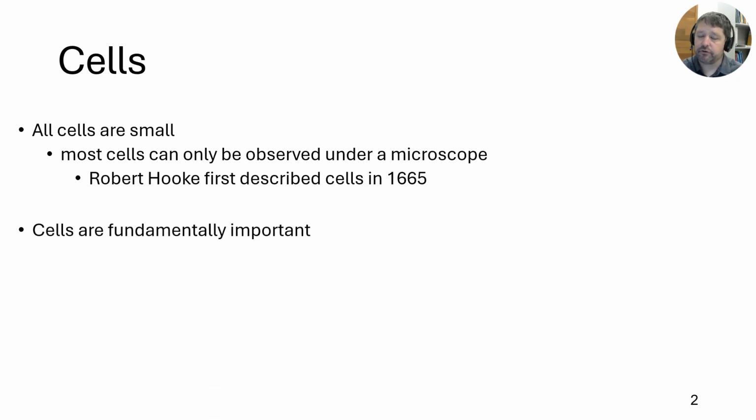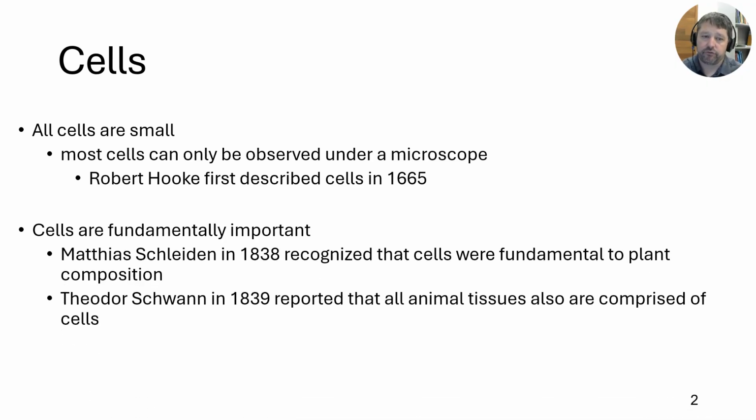Now, after Hooke's discovery, a lot of other individuals came around and started looking at all kinds of cells. Matthias Schleiden was a plant biologist, and he got a hold of every single plant he could and cut them into really thin slices and threw them under a microscope. This is almost 200 years after the discovery of cells, so microscopes had gotten better.